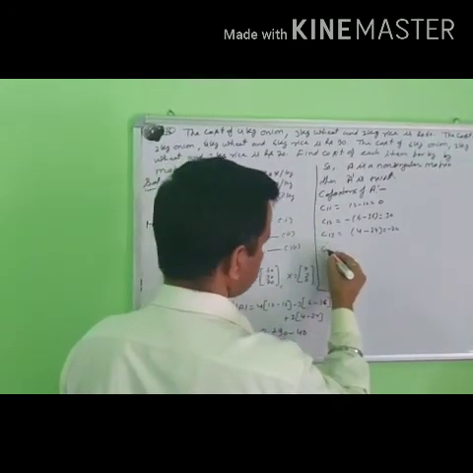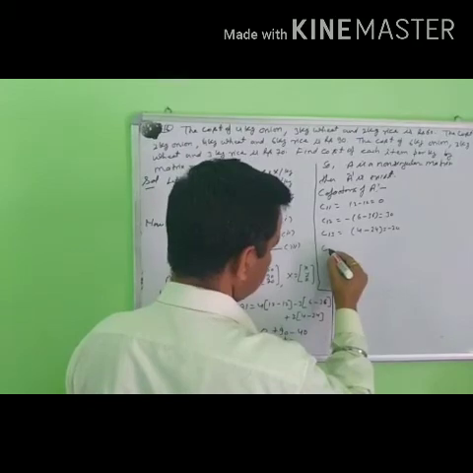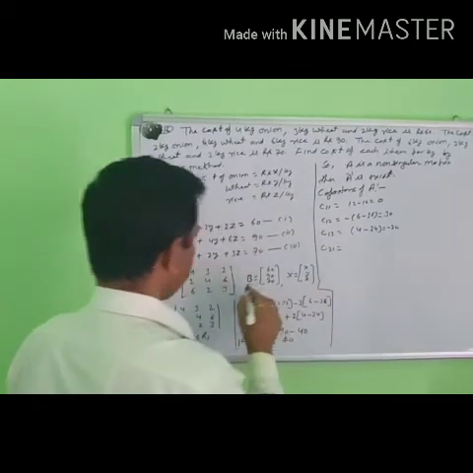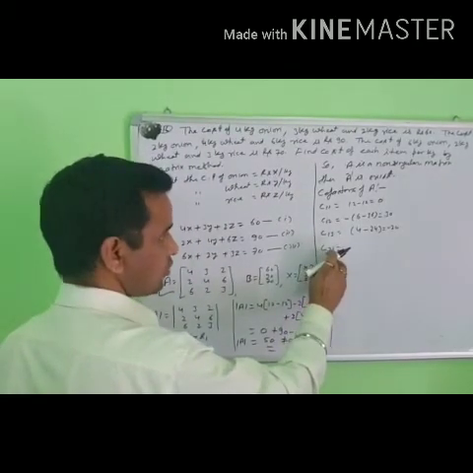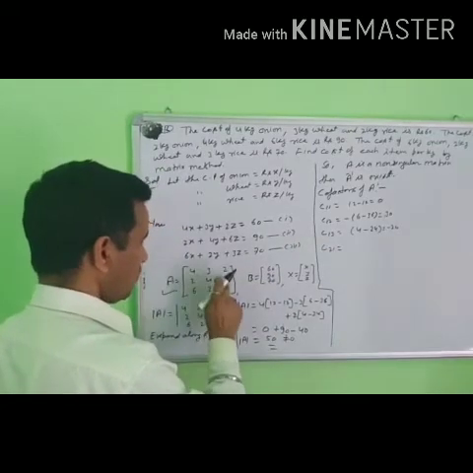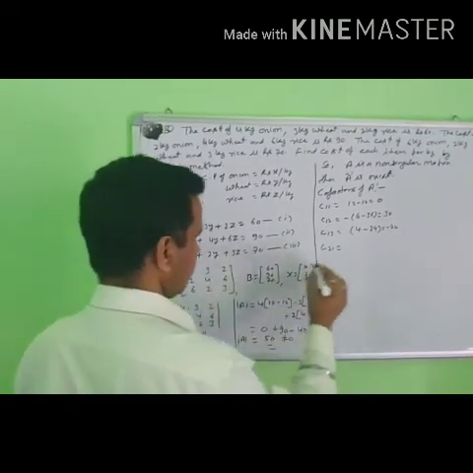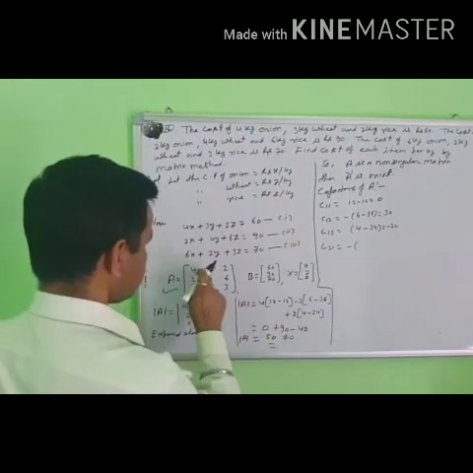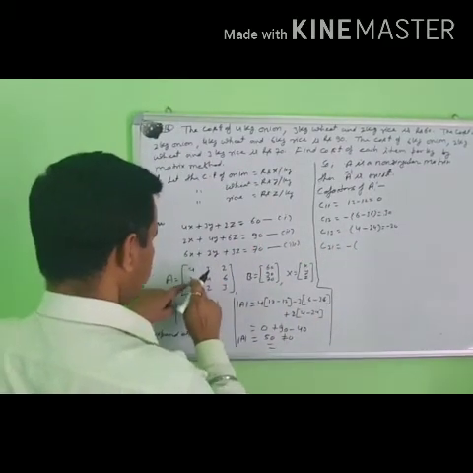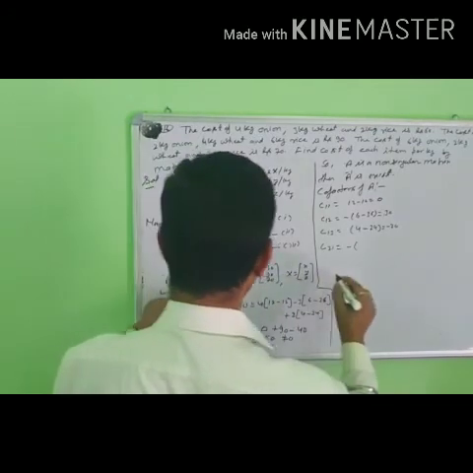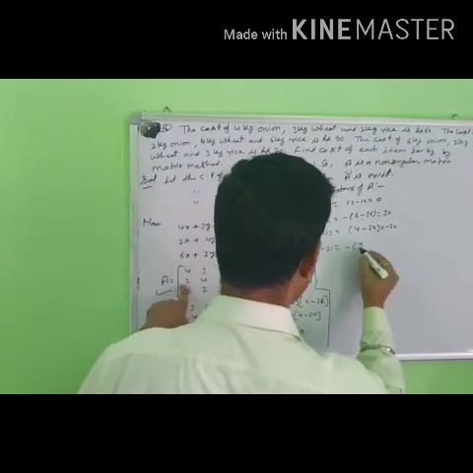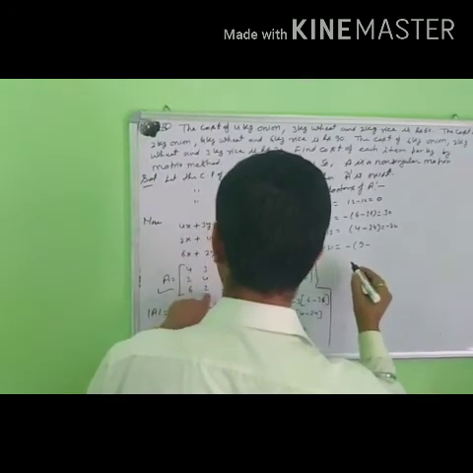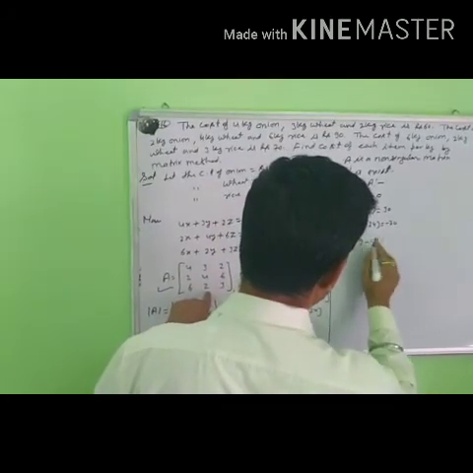Next, C21 means second row, first column will be hidden. This has a minus sign here, because of plus minus plus. So 3 3s are 9 and 2 2s are 4. What is left here? 5, minus 5.